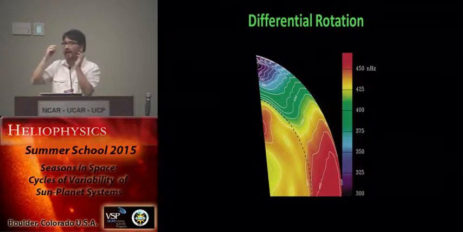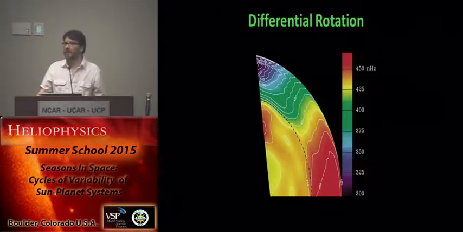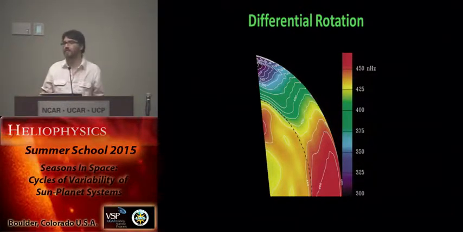But that being said, detailed simulations of convection in stellar convective envelopes have found that the meridional flow is a very sensitive flow. You can change things slightly, and then the properties of the meridional flow can change. So it's a delicate balance.